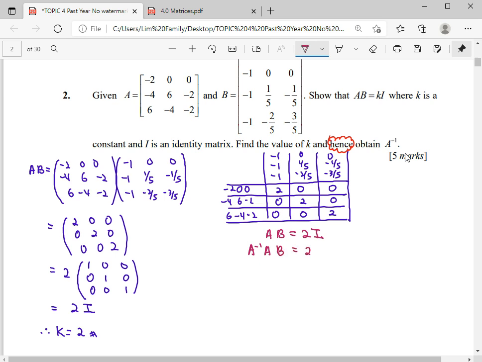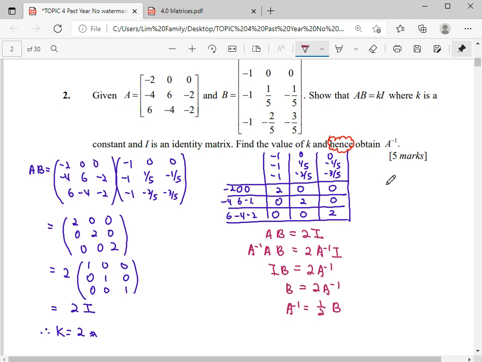Then we simplify it using our properties: A inverse with A is identity, and A inverse with identity is A inverse. Identity with B is still B. So numbers we can move around. Divide by 2, we become 1 over 2 B.